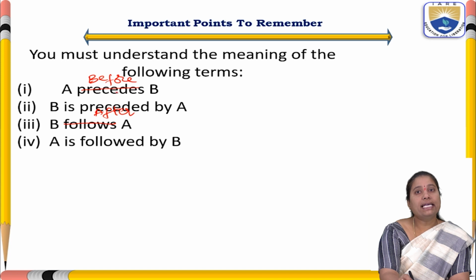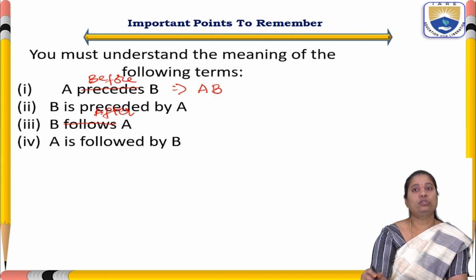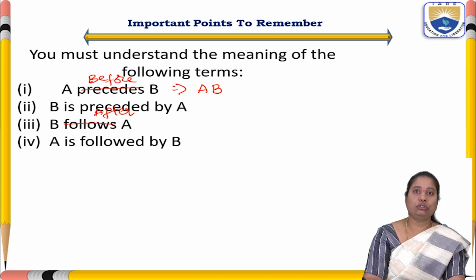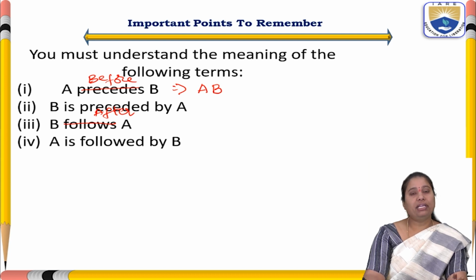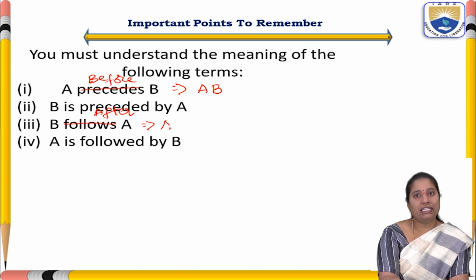Means A is before B. So the meaning of A precedes B means A should be placed before B. So this is the seating arrangement of A and B if they have given A precedes B. And B follows A means B should be after A. So like this, first we will write A and then we will write B.